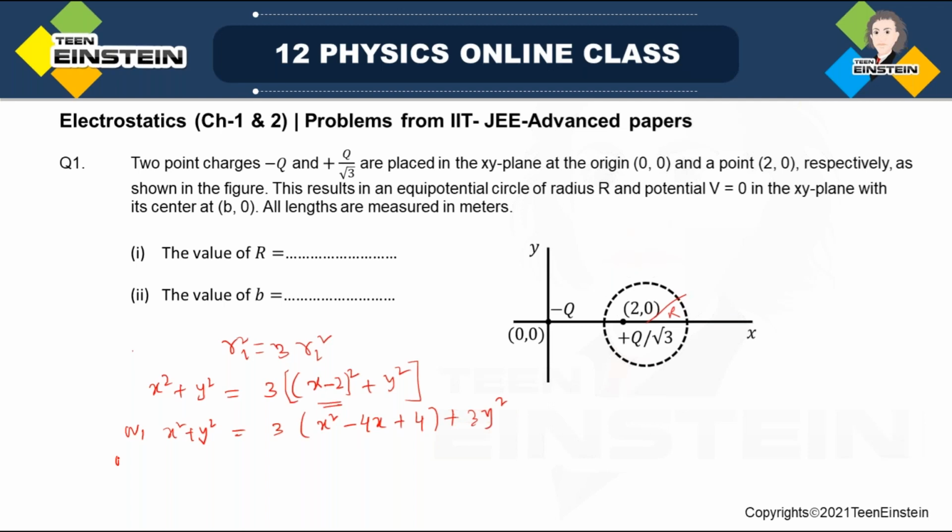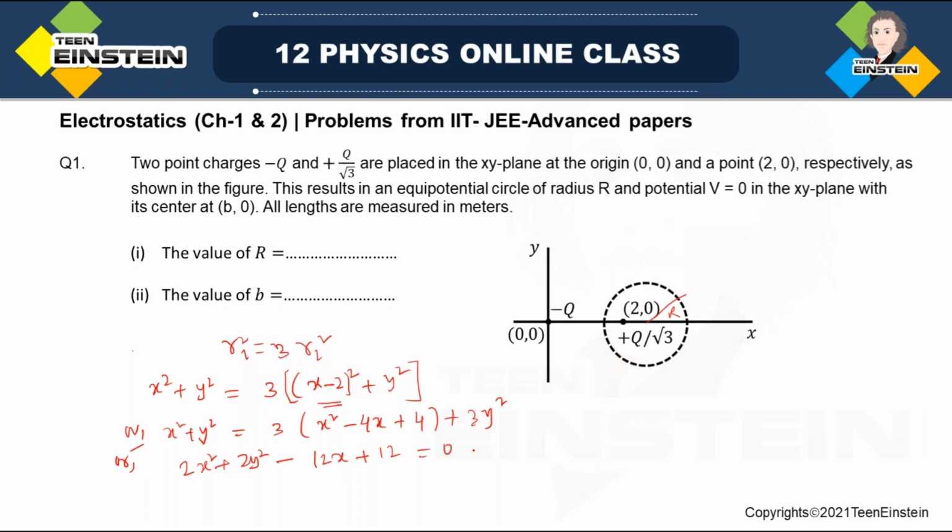Then we'll get, see this 3, so this will be 2x square, and again if we bring all of them here, this will be 2y square, and along with that there will be 12x and plus 12.